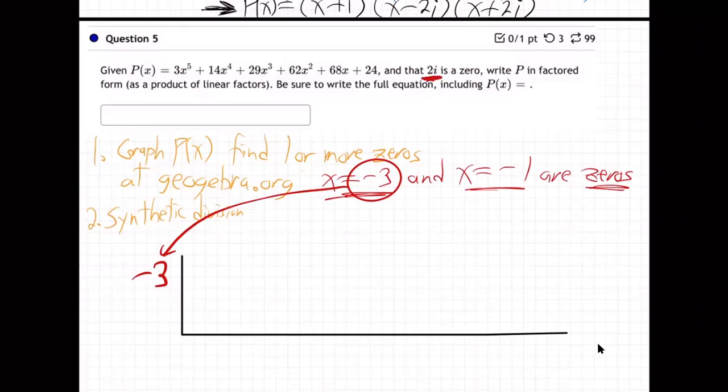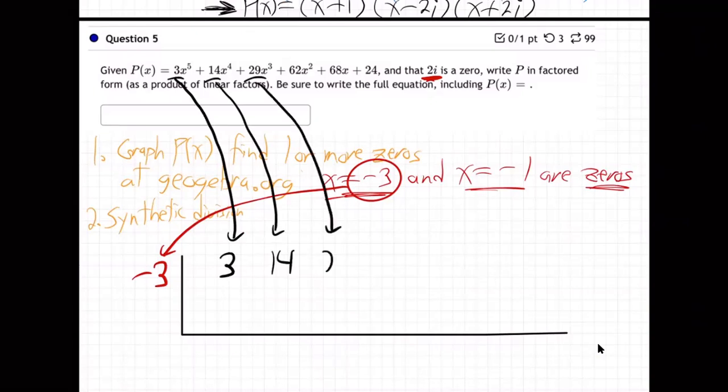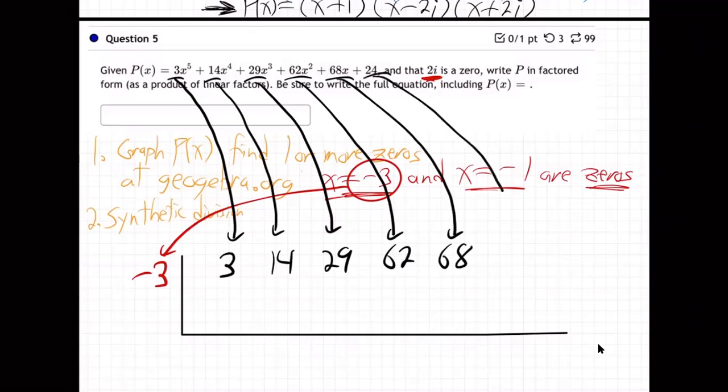I'll get to that in a little bit. It's easier to start with these real ones. So I'm going to bring these guys down. So there's the 3, 14, 29, the 62, the 68, and the 24.